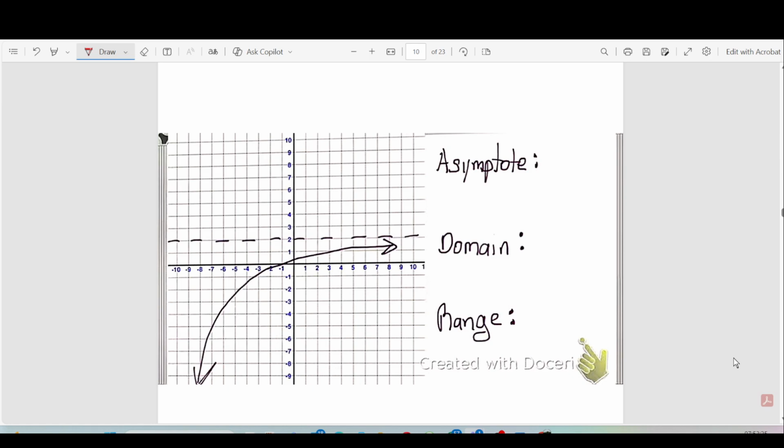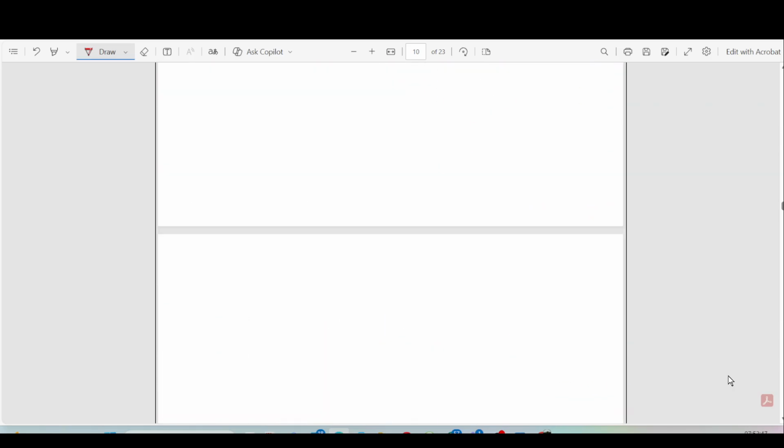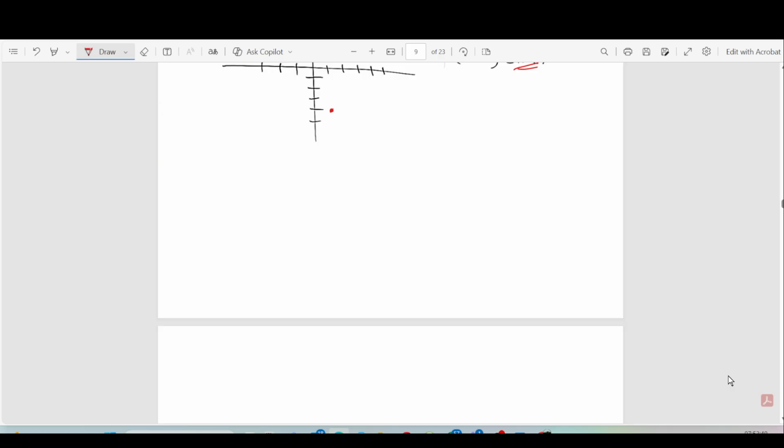Range would be... no, range would be negative infinity, comma 2. Yes, negative infinity comma 2, okay, good. And the asymptote is y = 2, yeah.